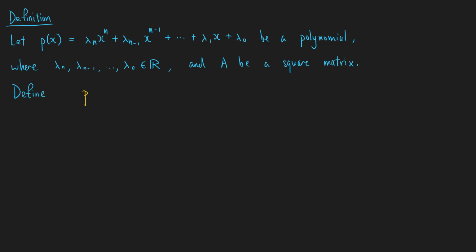We define P(A) equals lambda_n times A to the n plus lambda_{n-1} times A to the n minus 1 plus all the way to lambda_1 times A plus lambda_0 times I. This is the definition of a polynomial of a matrix, where we replace the variable by the matrix A, and the constant term lambda_0 is replaced by lambda_0 times I.